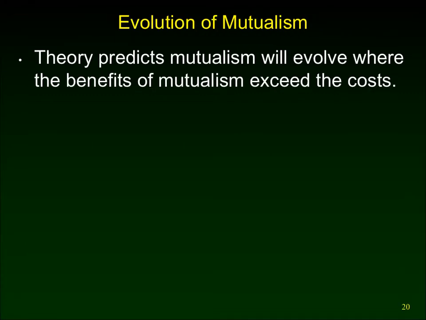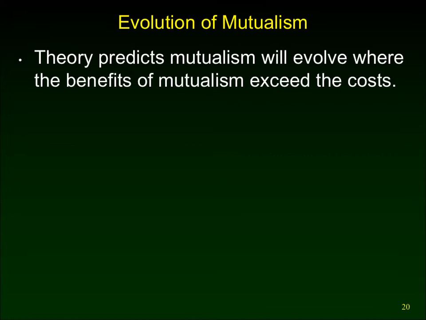So theory predicts that mutualism will show up wherever the benefits exceed the cost. Keeler developed some models to represent the relative costs and benefits of several types of mutualistic interactions. If they're going to be successful, they must give and receive benefits.